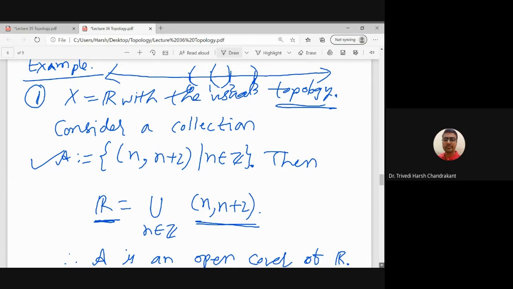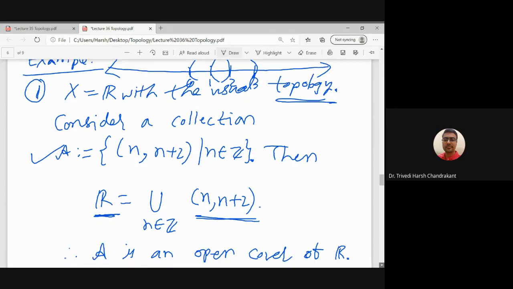From this example, I believe you must be convinced that if I take only finitely many sets from these open sets, then the union will be a bounded set. So it will not contain the whole real line.